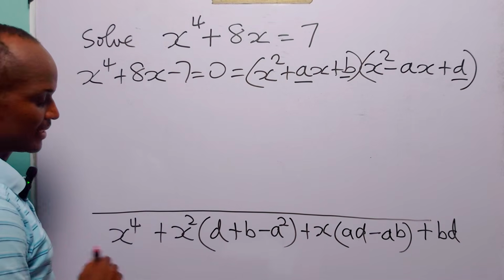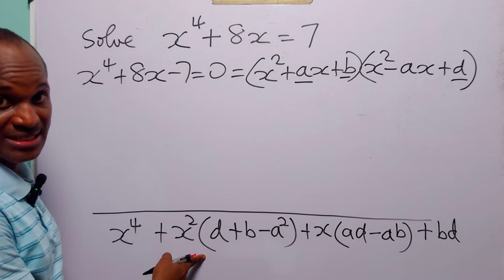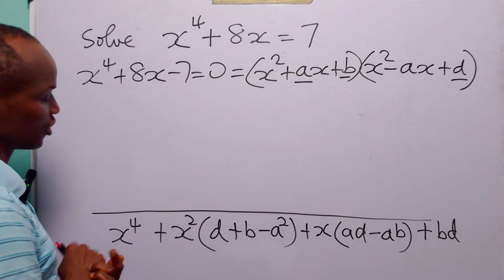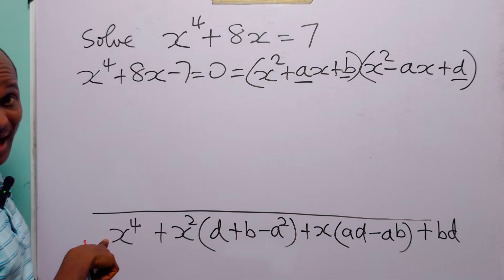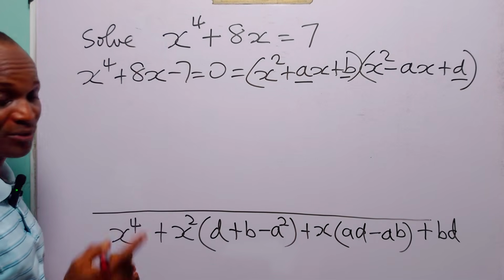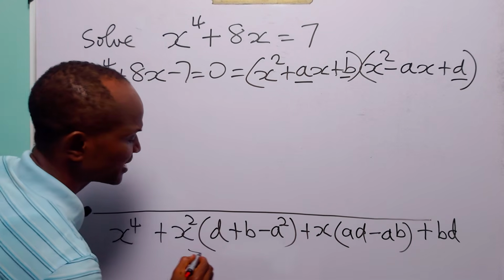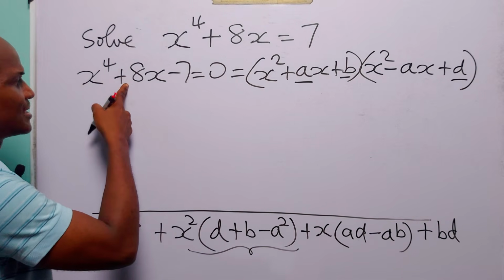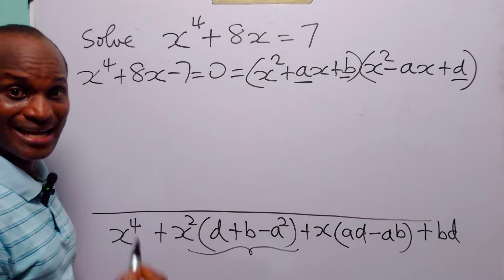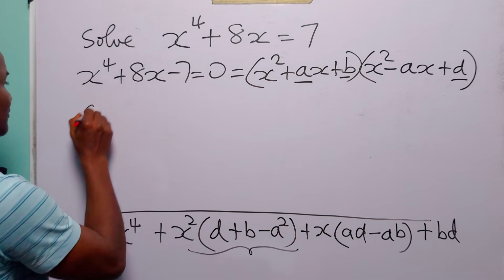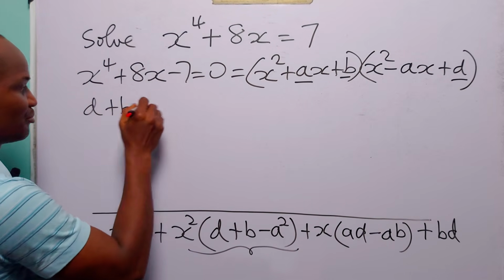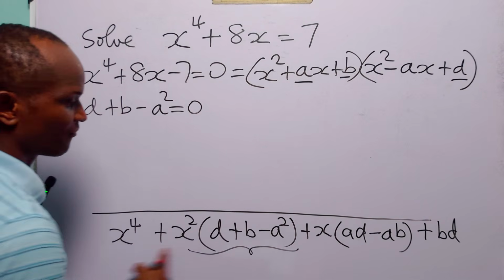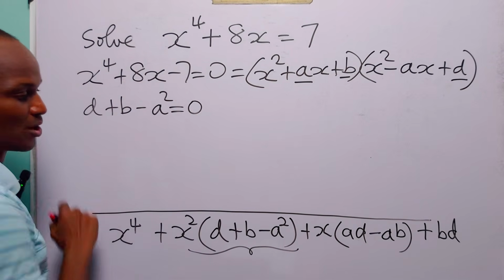Now let us compare the coefficients of this equation to the coefficients of the equation we are trying to solve. Of course, the coefficient of x raised to power 4 is 1 in both cases. Now, the coefficient of x squared in this case is this. But when you look at this equation, you won't see any term in x squared. So that means that d plus b minus a squared must be equal to 0 for this equation to match this one.